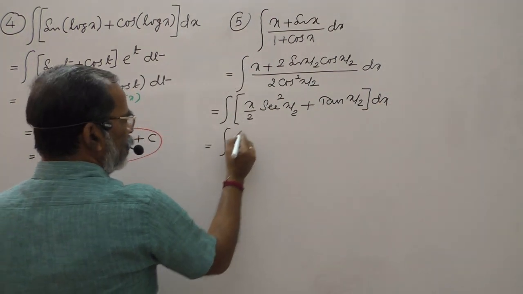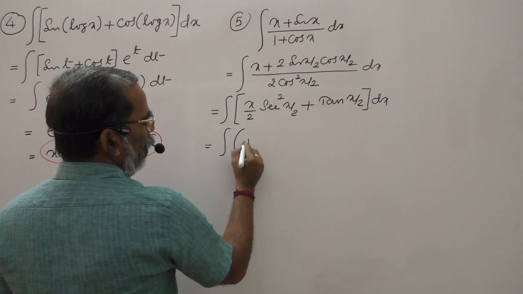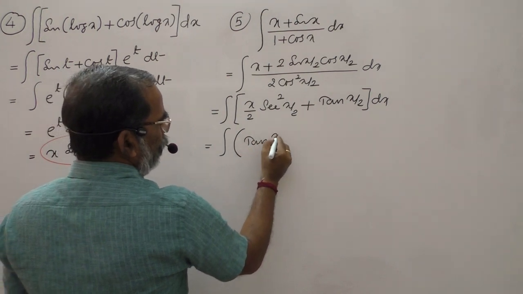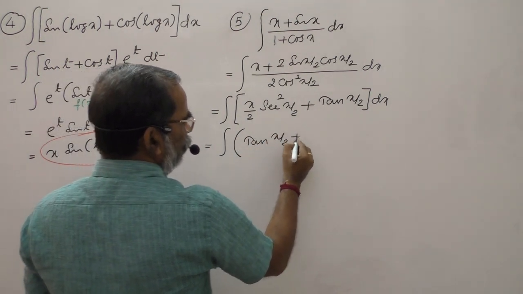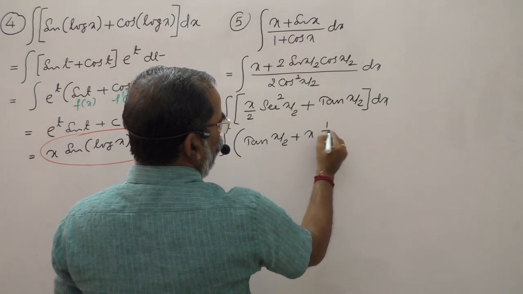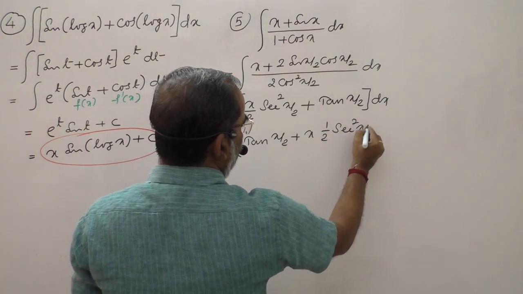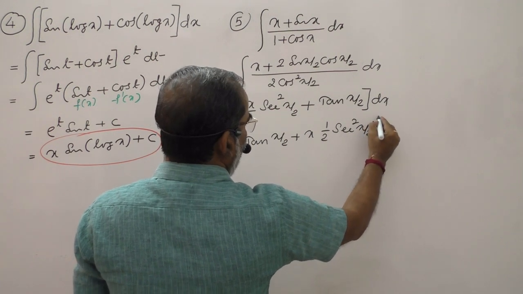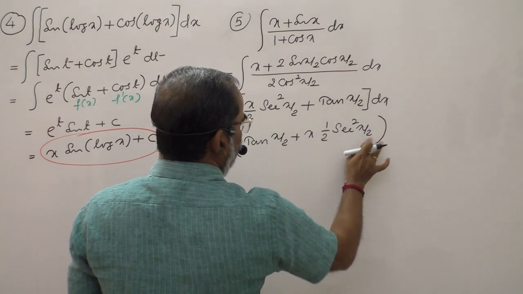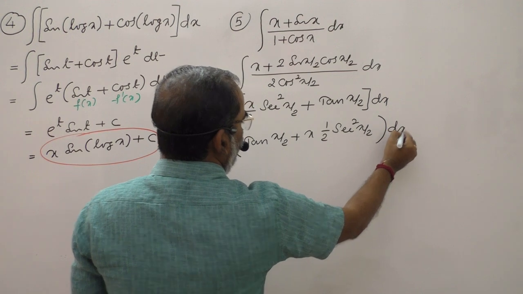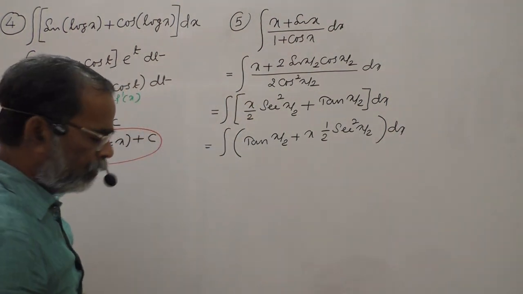So now what is this? This is integral of tan x/2 plus x into 1/2 into secant square x/2 into dx, of course. See, it is of which form?